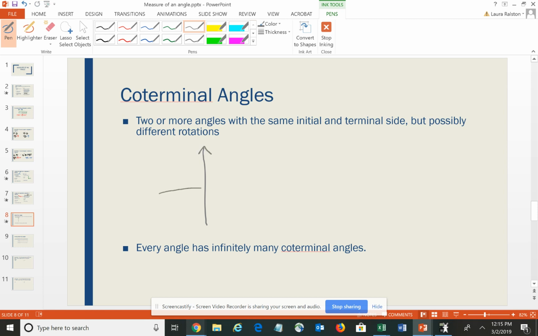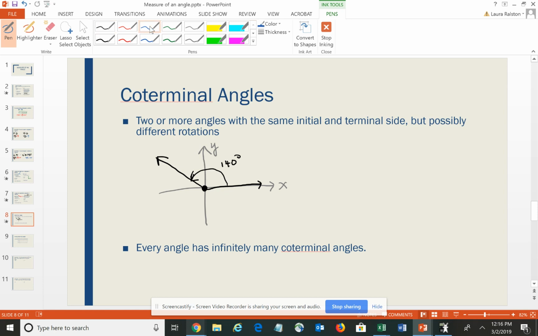For example, if we take a look at an angle that looks like this. It's in its standard position, so the vertex is on the origin, horizontal axis is the initial side, and say we rotate it around to 140 degrees. And notice I've rotated in the positive direction.